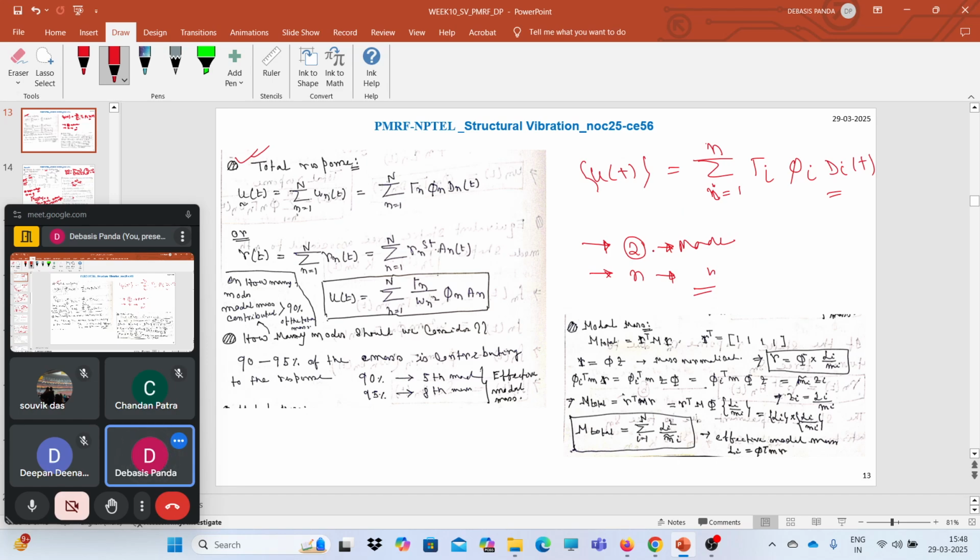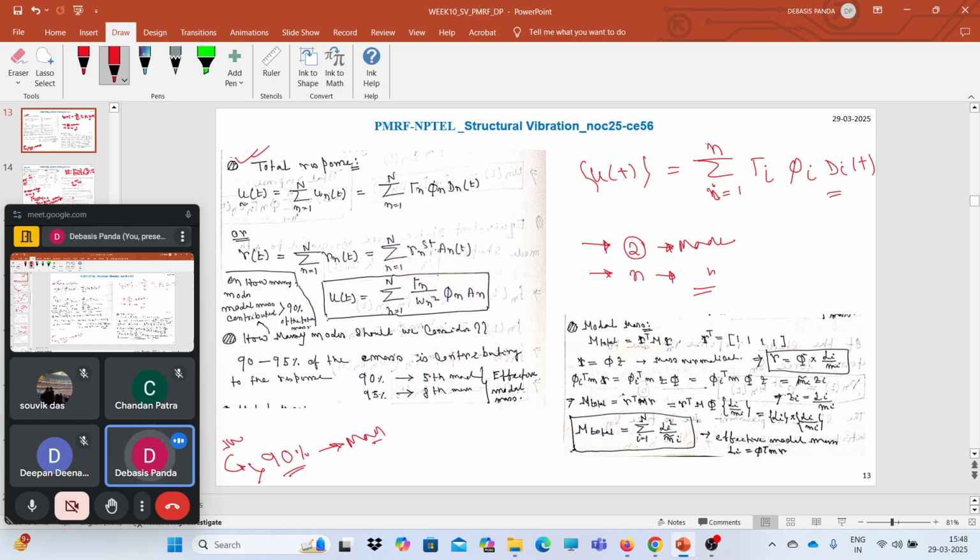For this we need to use the concept of the modal mass, and the modes which contribute more than 90% of the modal mass. The number of modes which contribute to the 90% of the modal mass, we need to consider up to that mode.